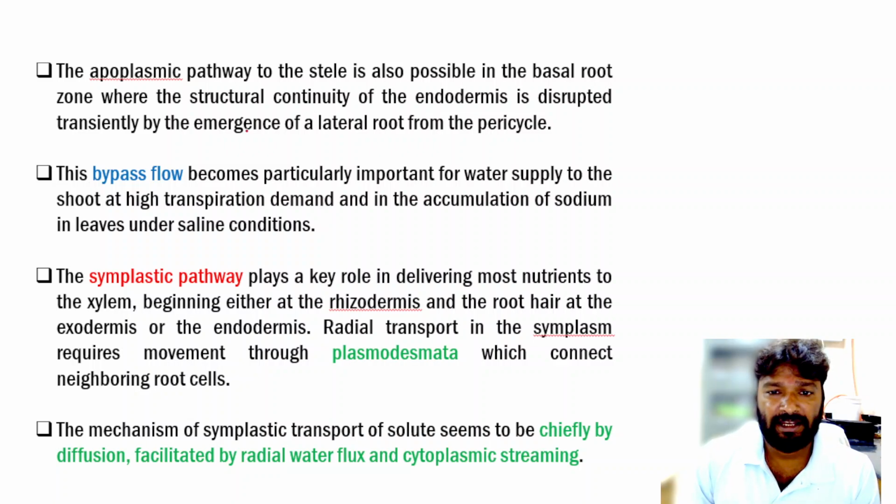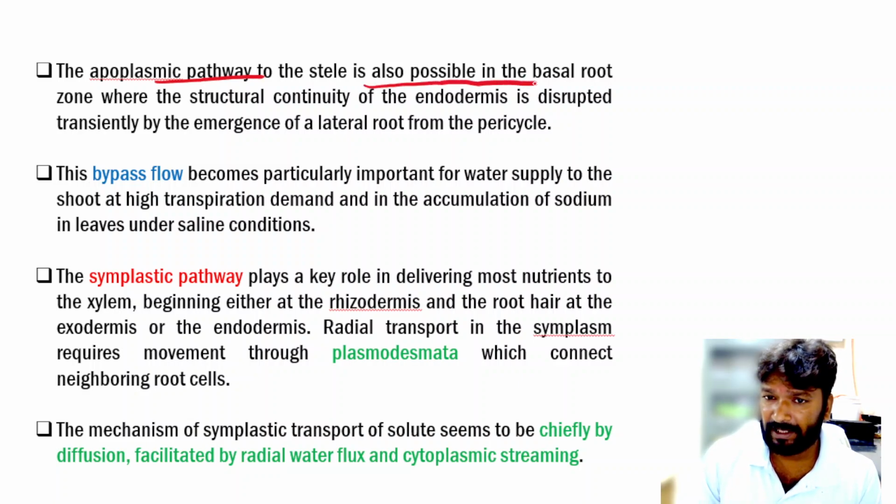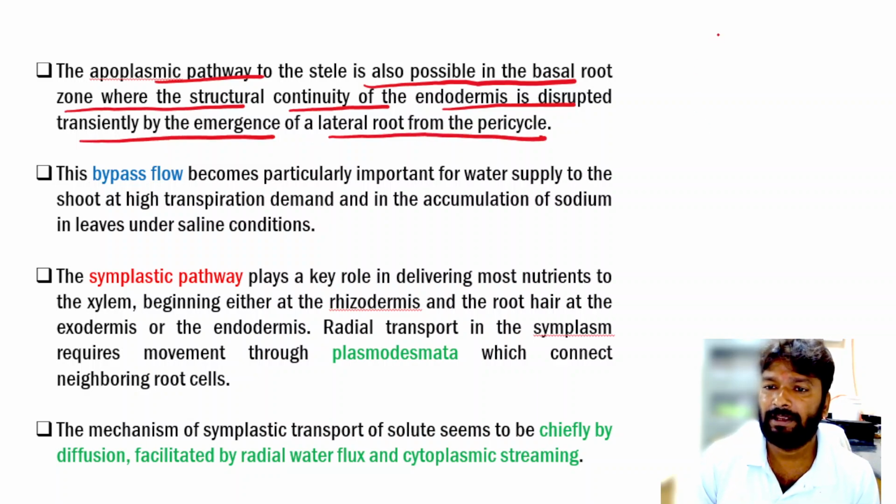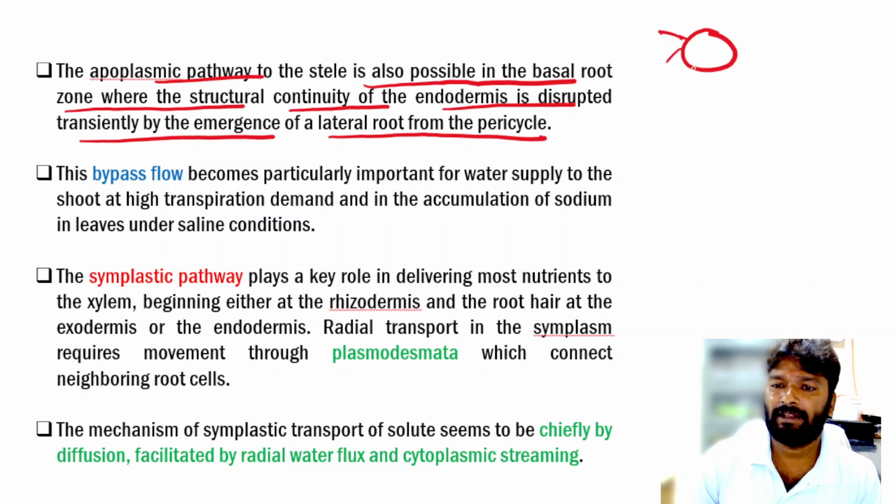So in this case, the apoplasmic pathway to the stele is also possible in the root zone where the structural continuity of the endodermis is disrupted transiently by the emergence of lateral root from the pericycle. This is the endodermis and this is the pericycle where the lateral roots originate.